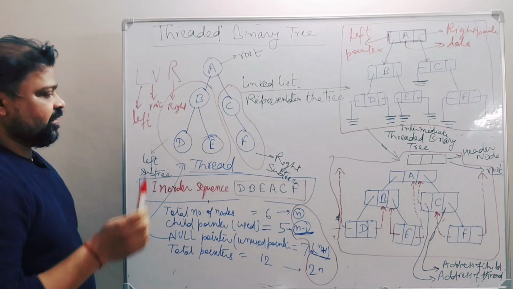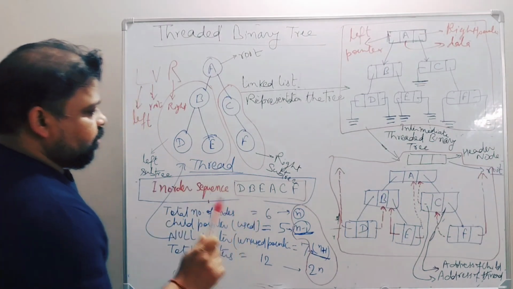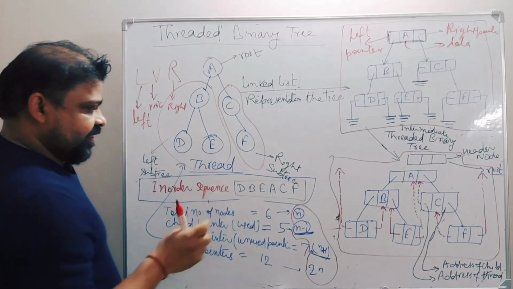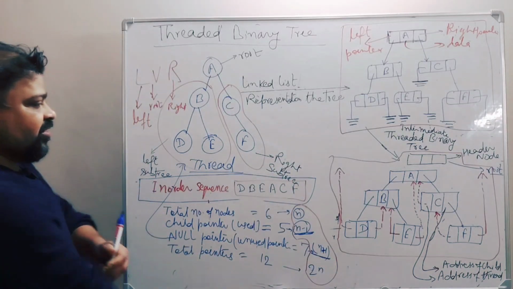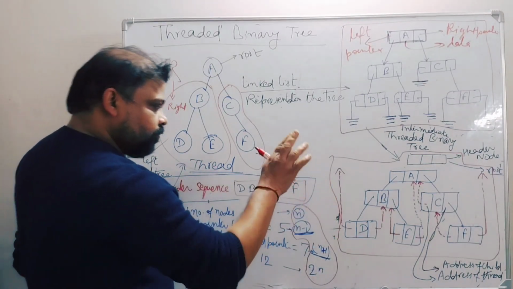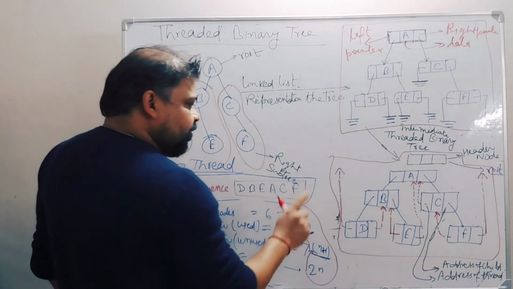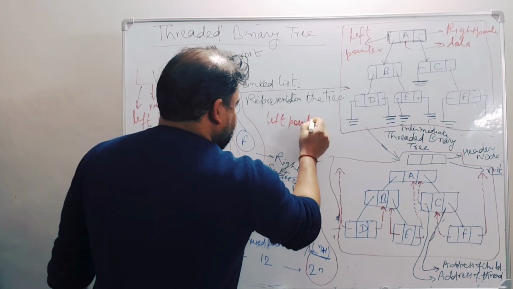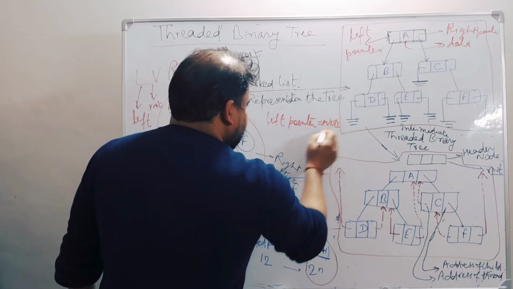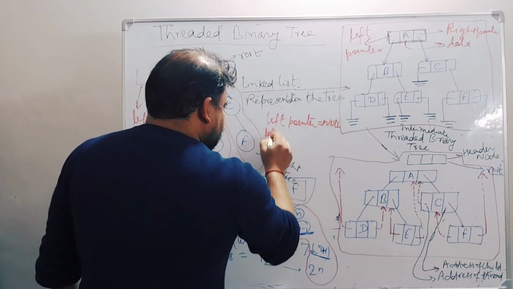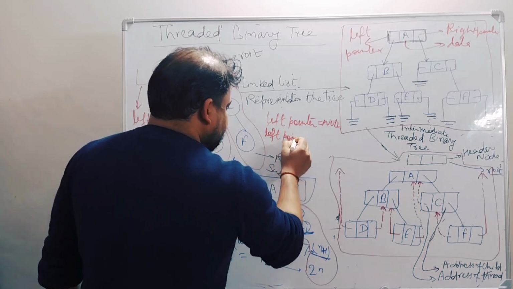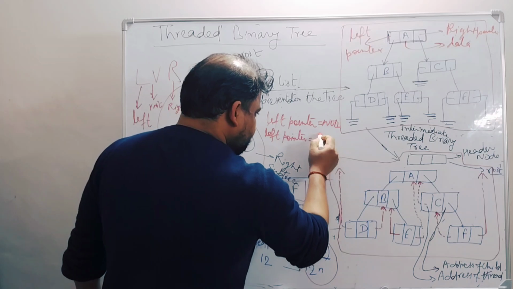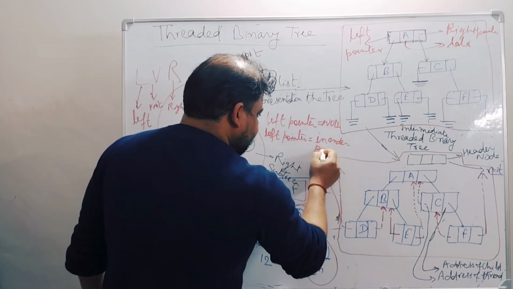Now, both the scientists have suggested to point the in order successor or in order predecessor for the null pointers. So we check the things. If the left pointer is null, the left pointer will go to point to the in order predecessor.